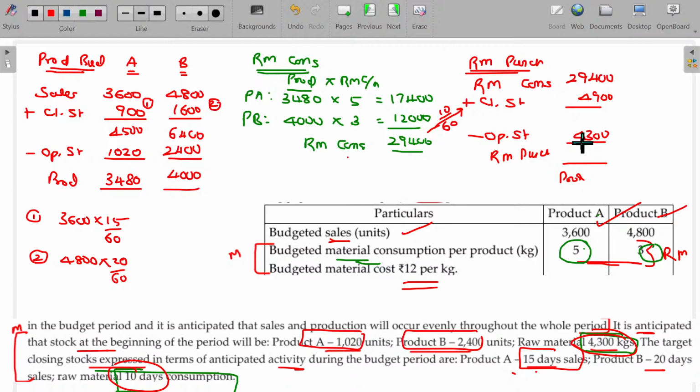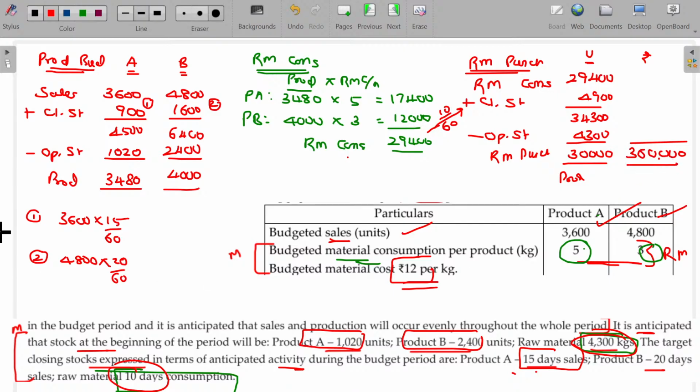From that you can very easily calculate the purchase also. 29,400 plus 4,900, 34,300. 4,300 is subtracted, so raw material purchase being 30,000 units. Price per unit being 12 rupees. So 3,60,000 rupees you need to spend for purchasing the raw material. This is units, this is rupees.